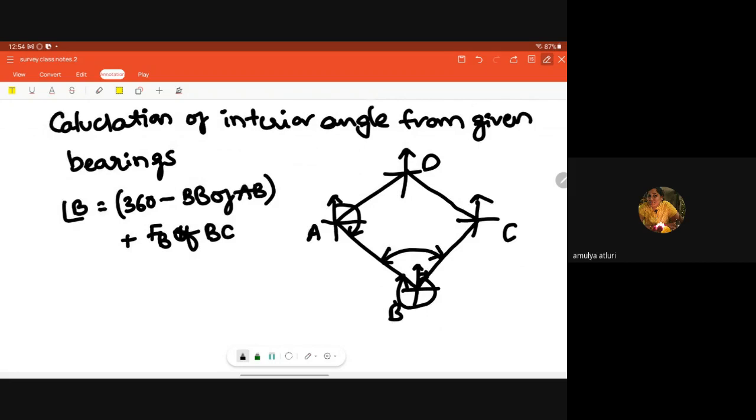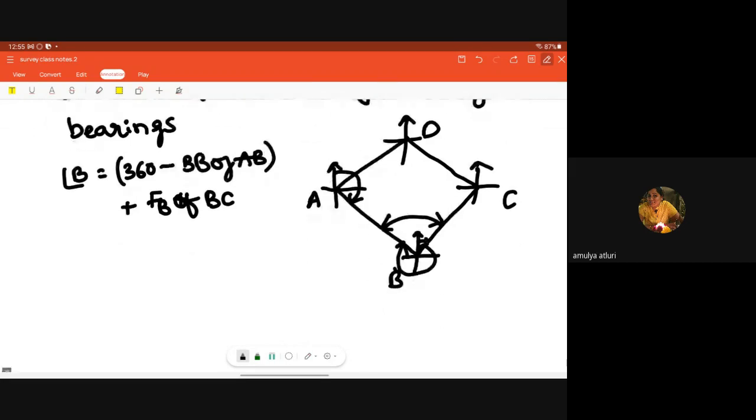Right? Got it? So this is the whole angle, this is the back bearing of AB plus forebearing of BC. With that we can calculate angle B.